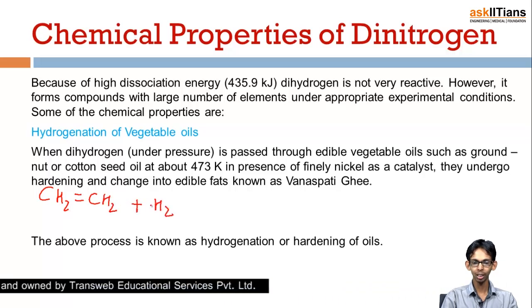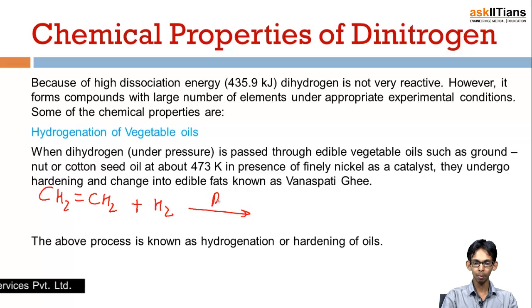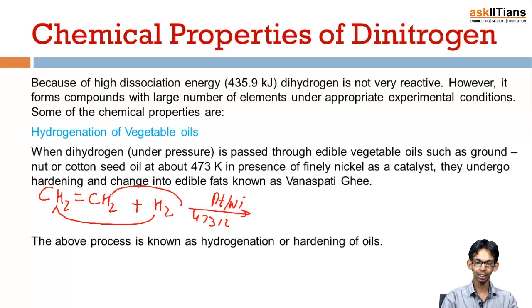Into this we pass hydrogen gas in the presence of platinum or nickel at 473 Kelvin. The 2 hydrogens go one at this side, one at this side, and we get CH3. So vanaspati oil is converted from unsaturated to saturated, vanaspati oil to vanaspati ghee, and this is known as hydrogenation or hardening of oil.